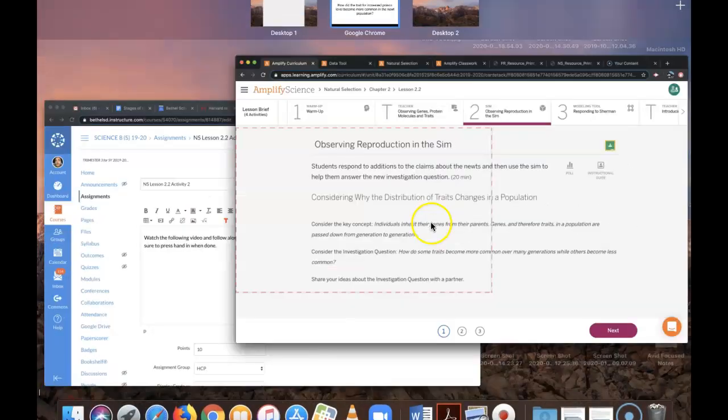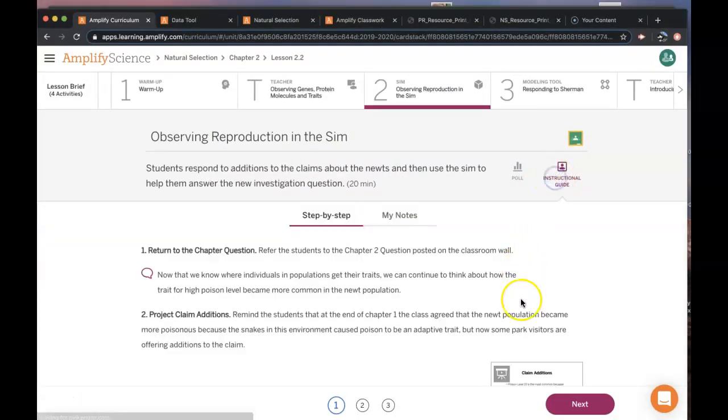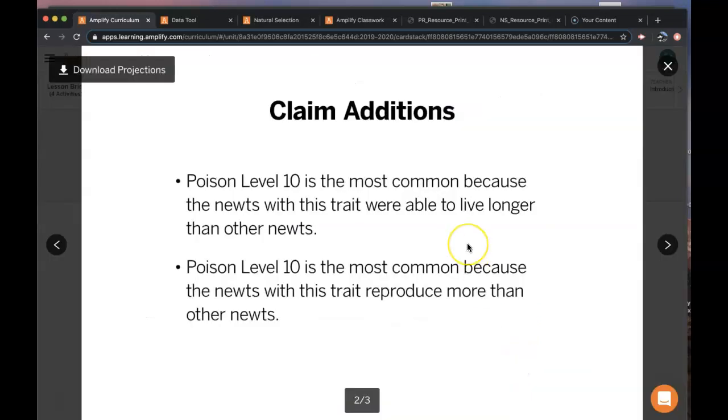We're going to look at a couple claims we had at the end of chapter 1. We agreed that the newt population became more poisonous because the snakes in the environment caused poison to be an adaptive trait. But now the park visitors are offering additions to this claim.